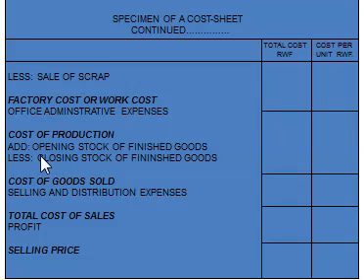Then you can also add the opening stock of finished goods, you less the closing stock of finished goods, then you get the cost of goods sold. Then on the cost of goods sold, we consider the selling and distribution, then we get the total cost of sales. And then from here you can determine your sales.